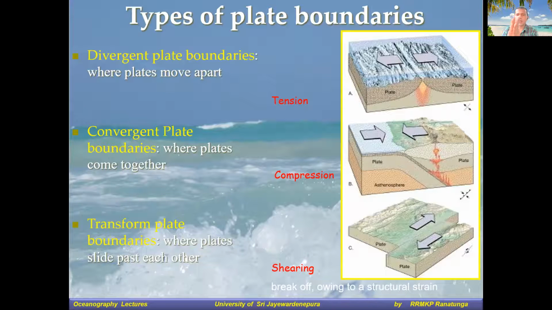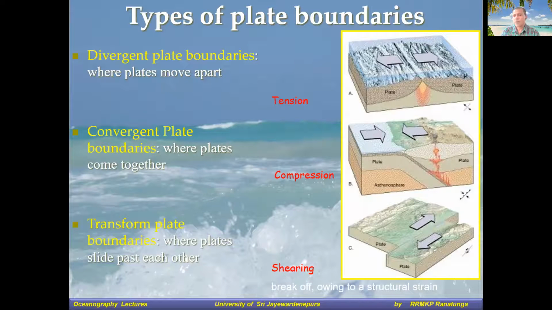And eventually, sometimes because of that tension they break again, like they move and come closer, with a huge, sort of explosive volcanism, and it can cause huge earthquakes because of that movement.